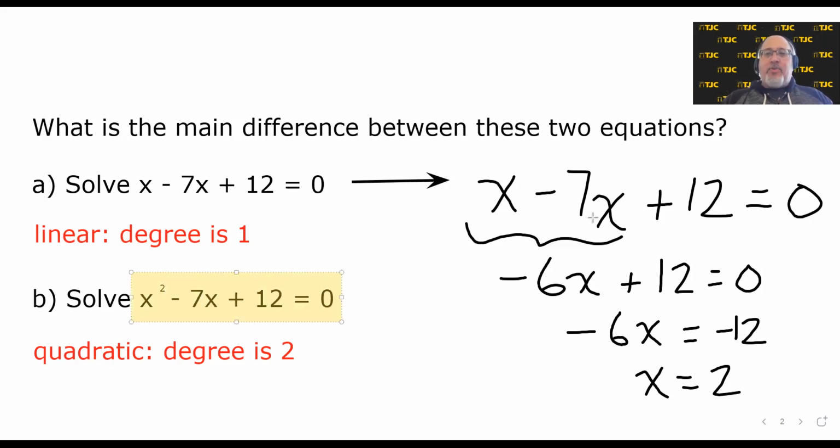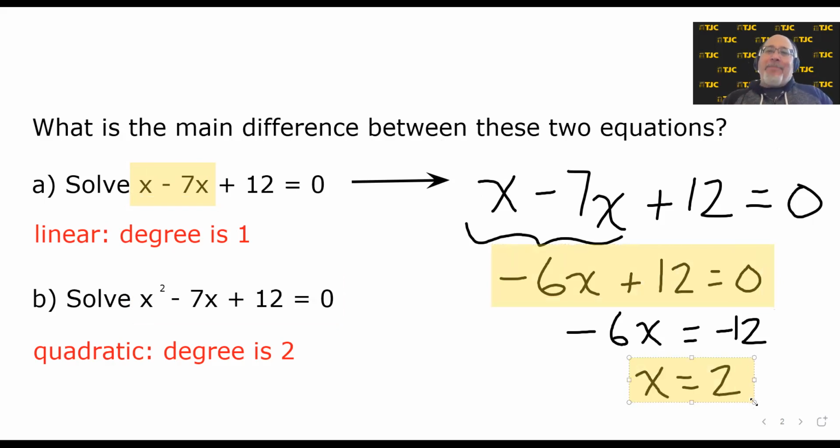We can't solve it the way that we solve the linear equation. And why not? Well, one of the problems in the linear equation is that it started out with two x terms, an x and a minus 7x. But those were like terms. And as a consequence, they could be combined into a single term, meaning at this juncture in the problem, we were down to one x and all we had to do was proceed to get it by itself.